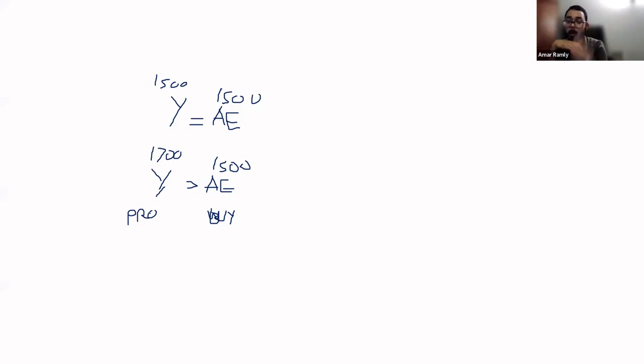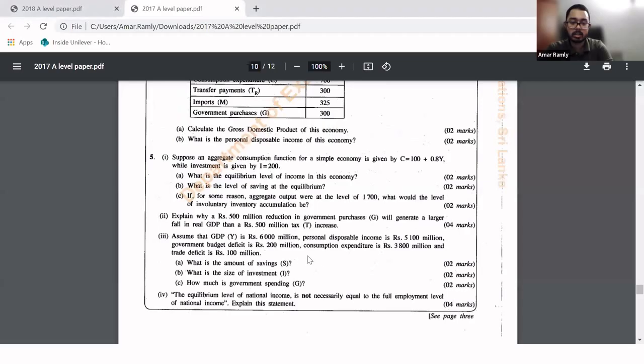The gap of 200 says you can produce 1700, but people are only buying 1500. So how much ends up being traded in the market? Only 1500. What happens to that 200 difference? It is kept with you as inventory, accumulated on an involuntary basis. So 200 is your answer, but you have to accompany it with that explanation. It's excess supply basically. So that is your answer for C.